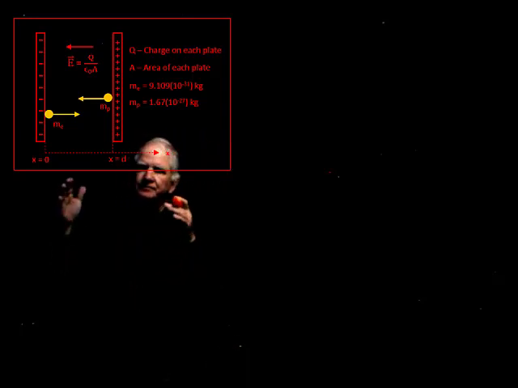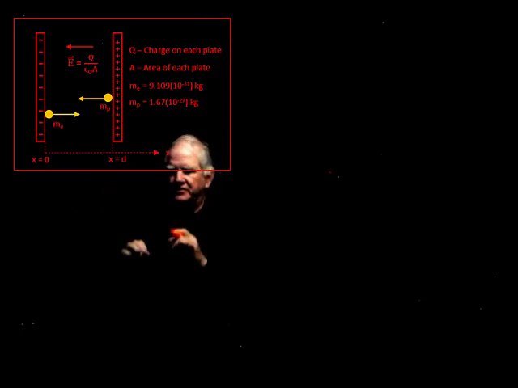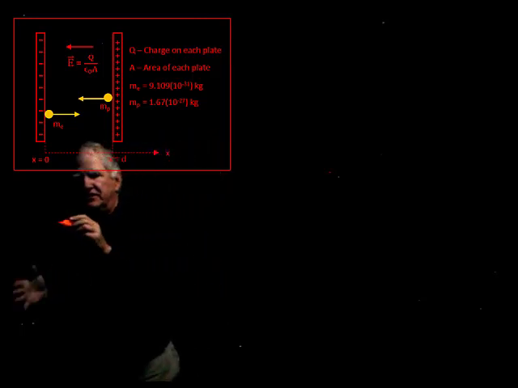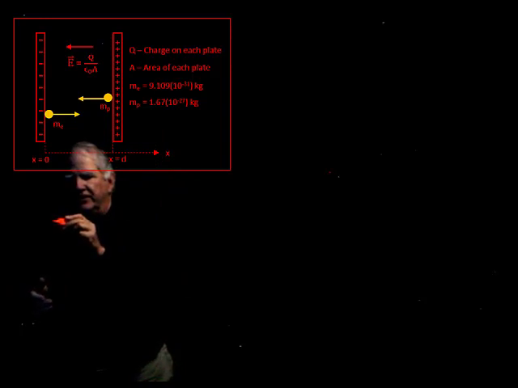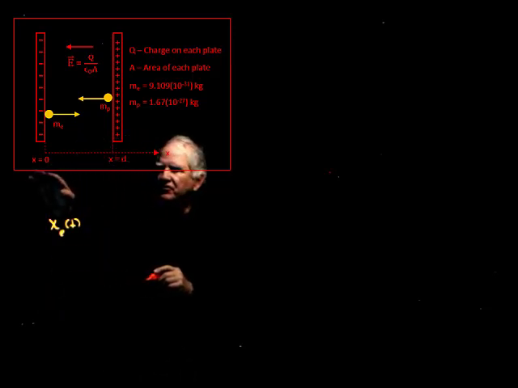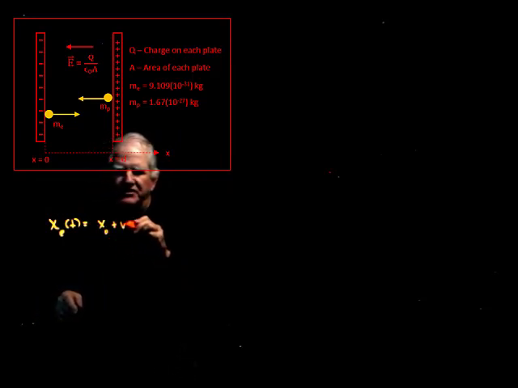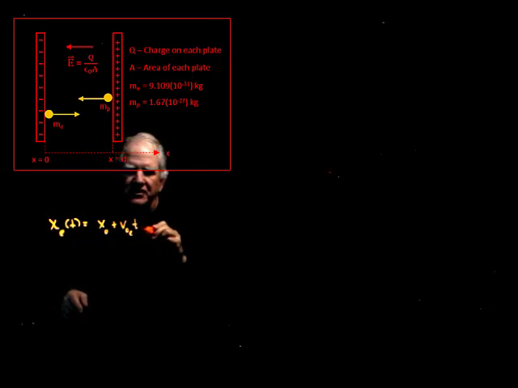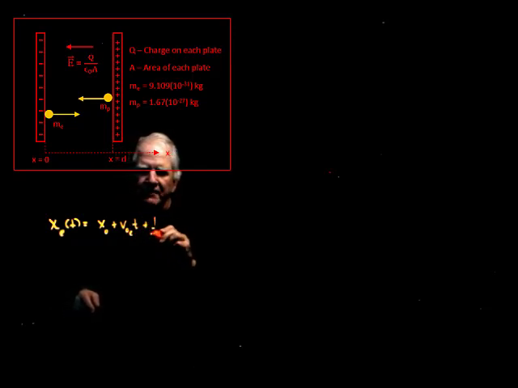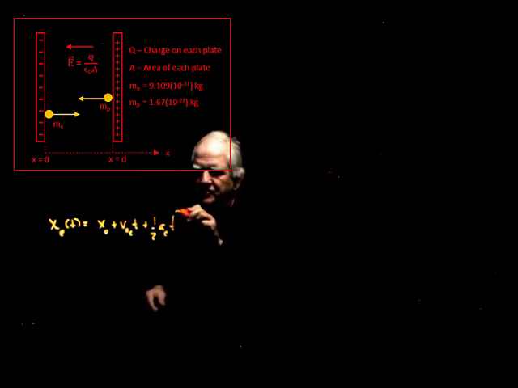As I said, the kinematics in this situation is really the same as the kinematics of a ball falling. So if we were to write down the distance at any point in time t that the electron finds itself, it's just the initial displacement plus the initial velocity of the electron times time plus 1/2 whatever acceleration the electron is experiencing times time squared.